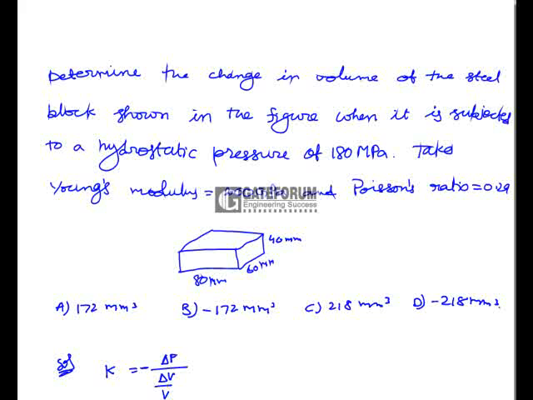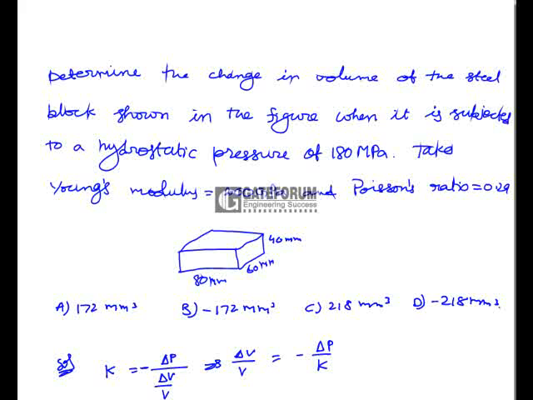Since here delta P is a compressive stress, the change in volume is obviously negative, as the member is compressed further, so that the change in volume with respect to volume is given by minus delta P by K, which is generally called dilatation.